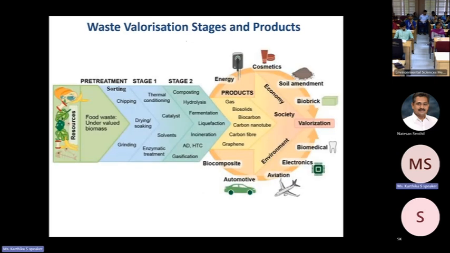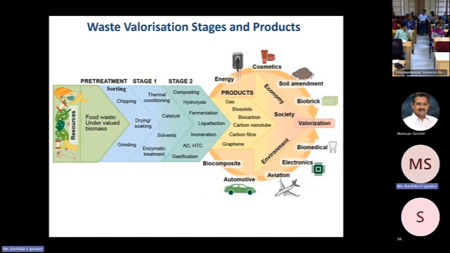Now, waste valorization stages and products. What are the general phenomena? First, we can use the resources. Food waste is undervalued biomass. Pre-treatment, stage 1, stage 2. In many possible ways we can do sorting, chipping, drying, soaking, grinding.